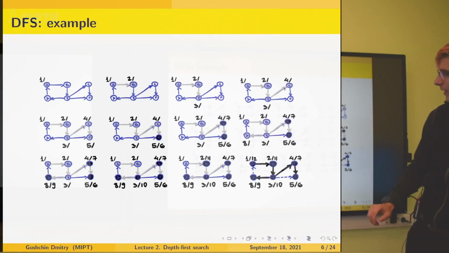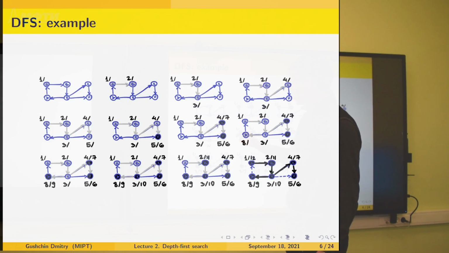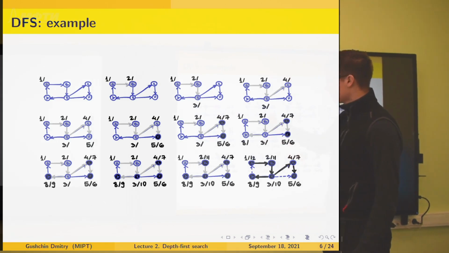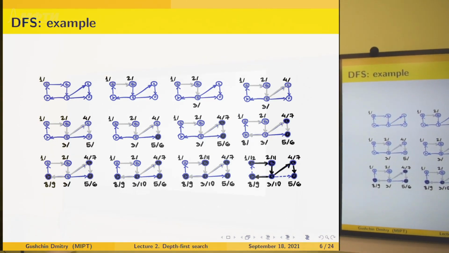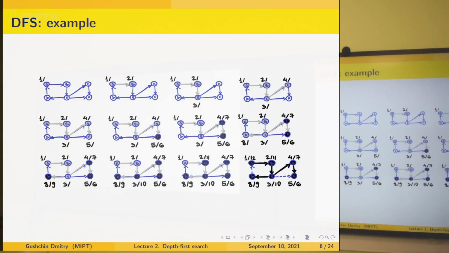So about the example, we start with point A. Then we see that there is one adjacent vertex B that is unexplored, and go to this vertex. Okay, and say that time 2 is the time when we explore vertex B. Any questions? No. It's very simple.